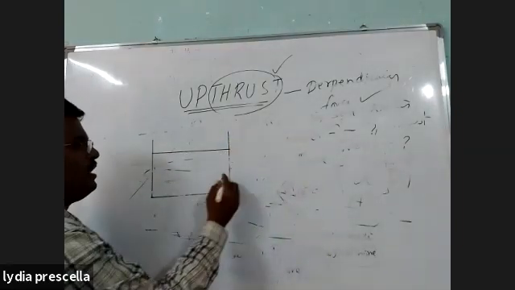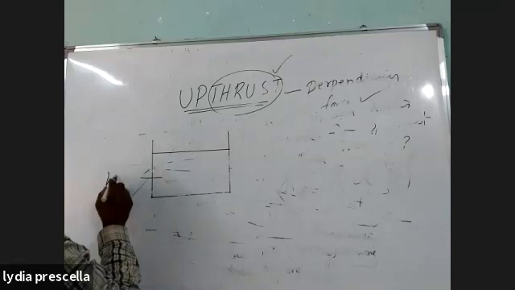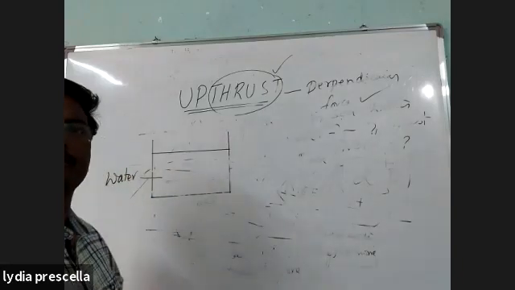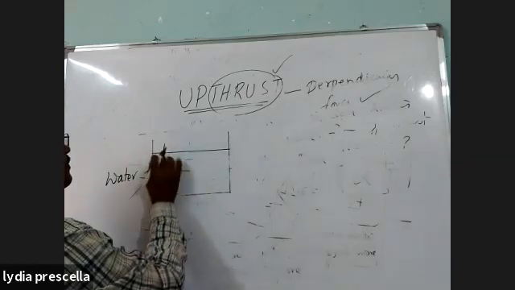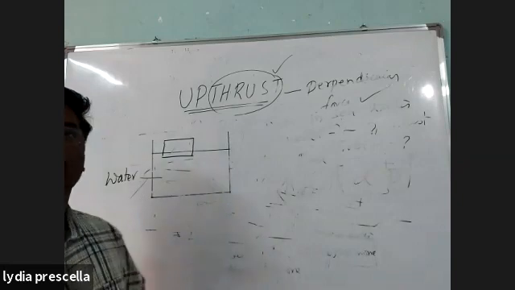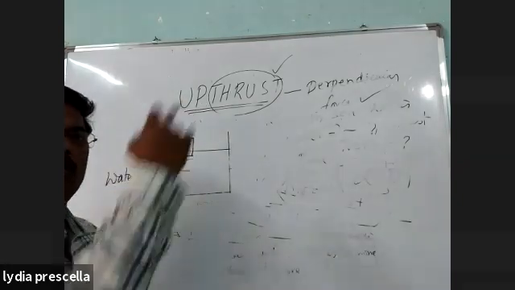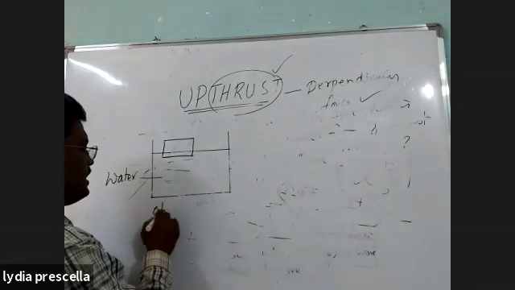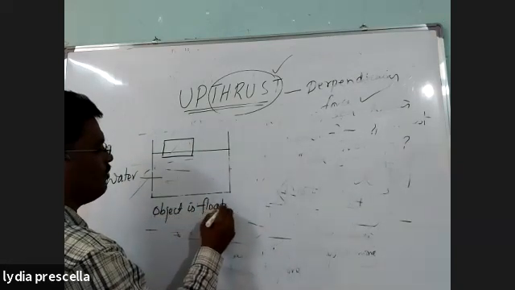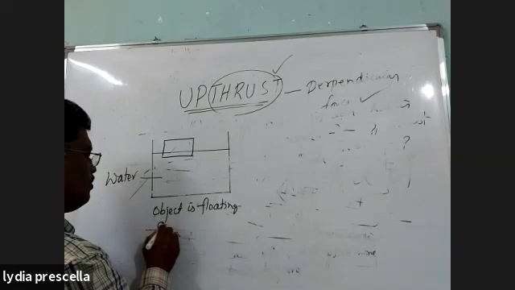There is a vessel and there is water inside. And there is one object inside the water, like this. The object is floating on the water.